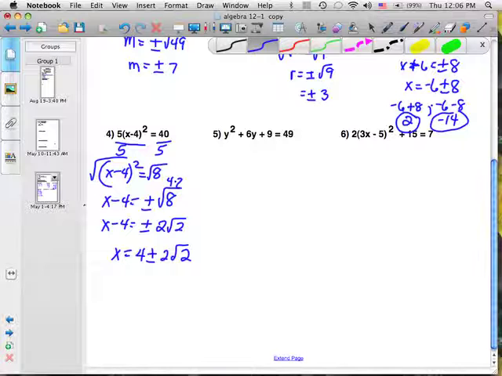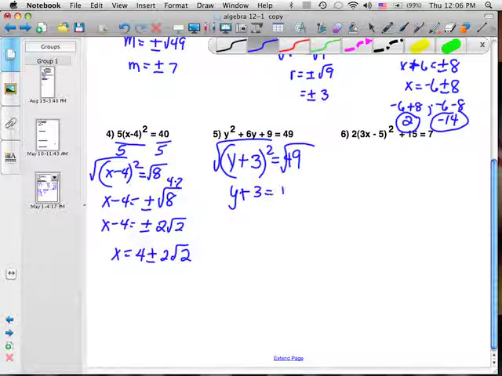Number 5, this is a perfect square trinomial. It's y plus 3 quantity squared. The two ends are perfect squares, so I take the square roots of them, and I check the middle, 3y and 3y makes 6y, so it's y plus 3 quantity squared equals 49. So I take the square root of both sides. I get y plus 3 equals plus or minus the square root of 49.